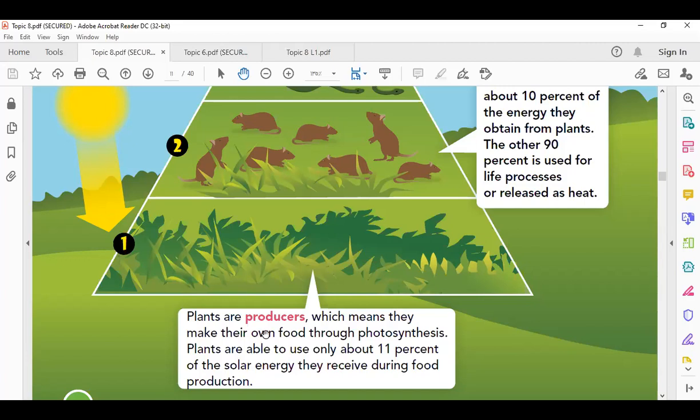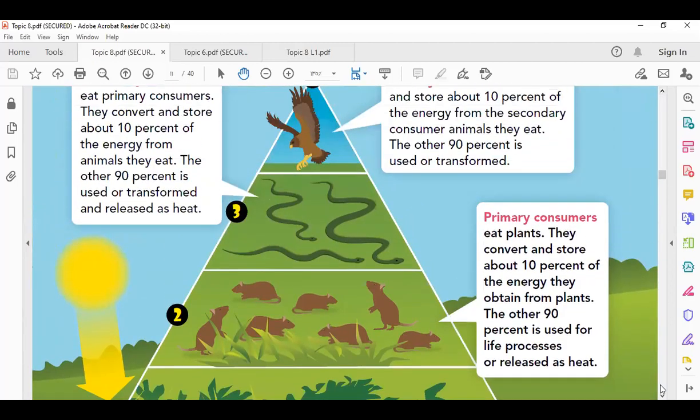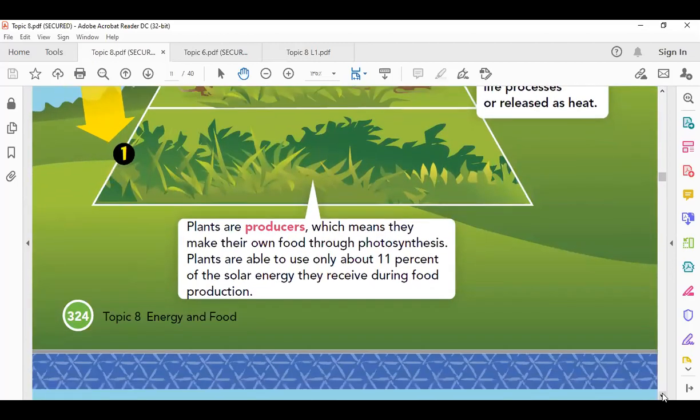At the beginning of the energy pyramid, producers make their own food through photosynthesis. Plants or producers are able to use only 11% of the total solar energy they receive during food production.